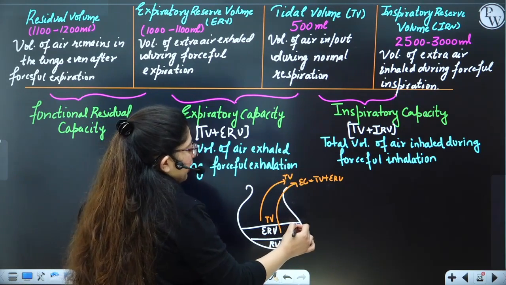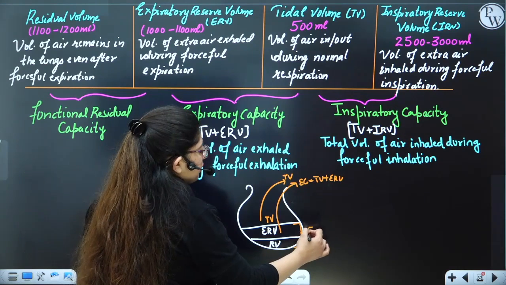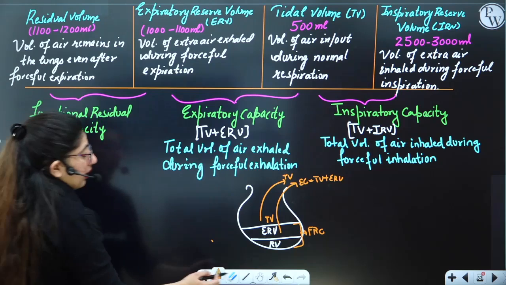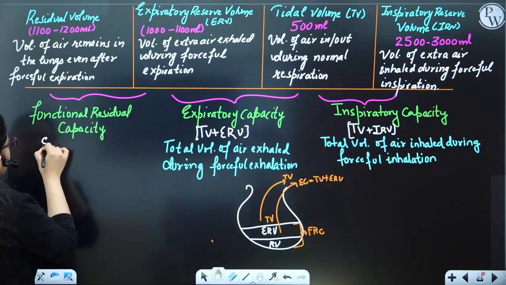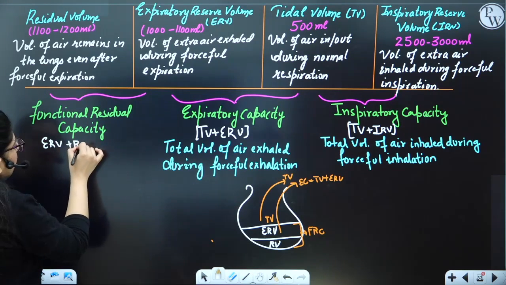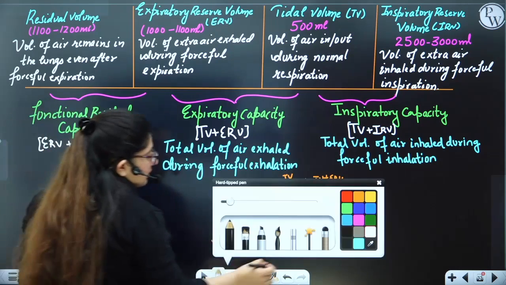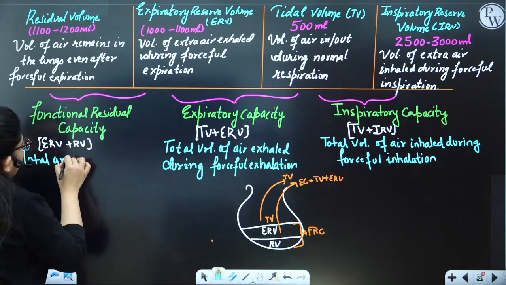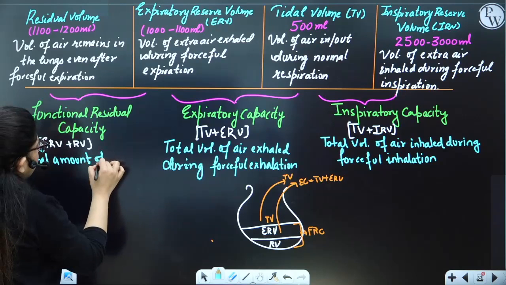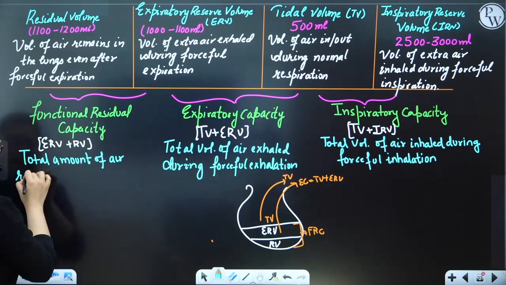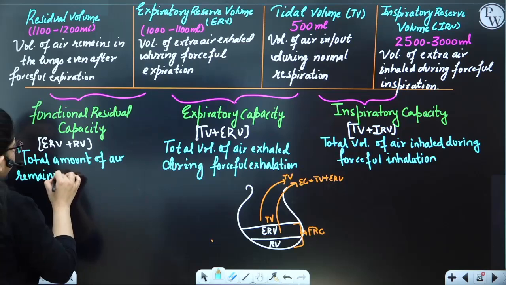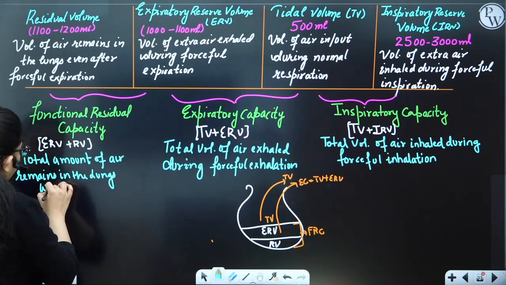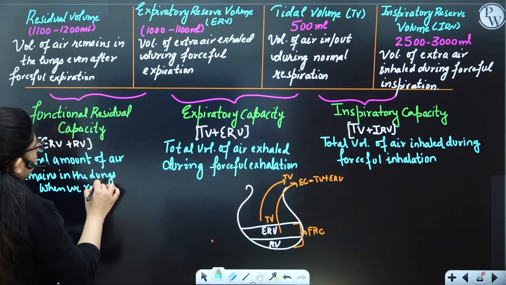So whatever remains in the lung is your functional residual capacity. So what is functional residual capacity? It is formed by the combination of ERV plus residual volume. It is the total amount of air that remains in the lungs when we respire normally.